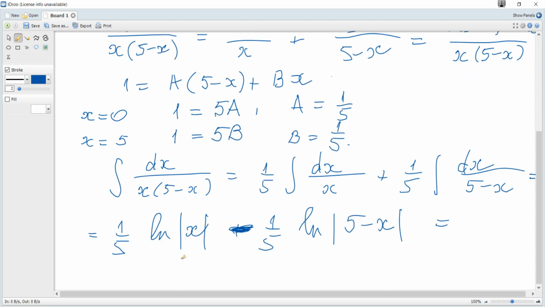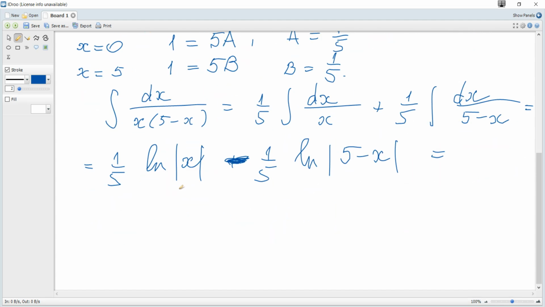So it's positive and this is also positive, so we can not write the absolute value. So it becomes 1 over 5, and applying the rule for the difference of two ln's, it becomes just a single ln of the ratio x over 5 minus x, plus some constant.